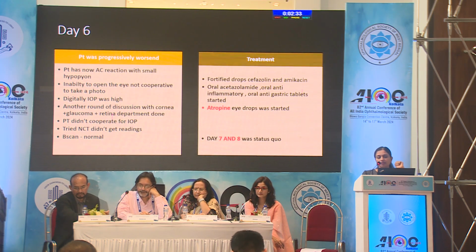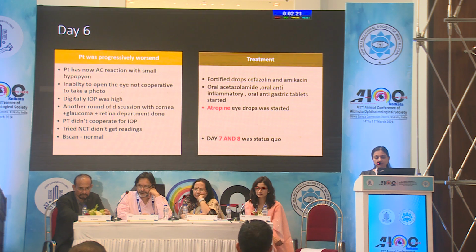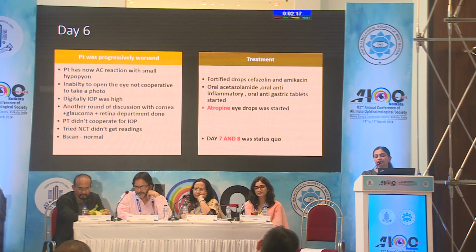On day 6, the patient progressively worsened. Now the AC reaction was there with a small hypopyon, and the digital pressure went up. Again, a lot of huddle between the glaucoma and retina departments; the patient was not cooperative and was not opening her eyes. We thought we would start with fortified cefazolin and amikacin with oral acetazolamide. Instead of homemade drops, we put atropine.